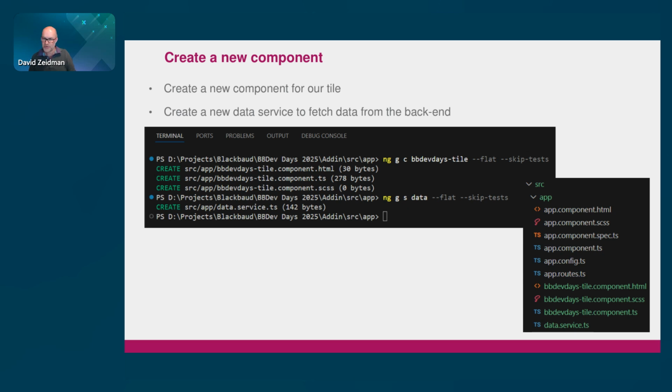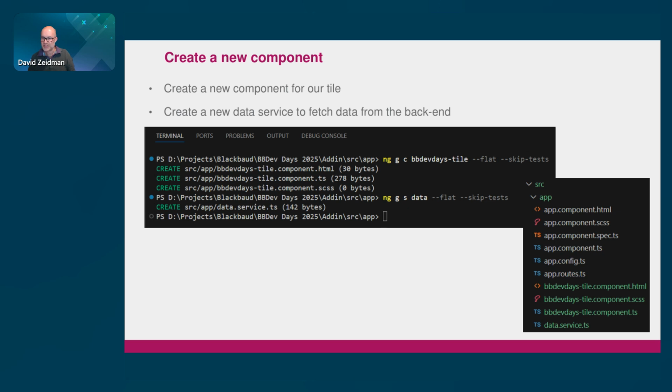And the second component we're going to create here is a service using ng g generate s service and data as the name. And again, using the flat and the skip test flags. So the service is, it talks to our backend. So it calls all our backend endpoints, and we'll see an example of the code in those in a minute.